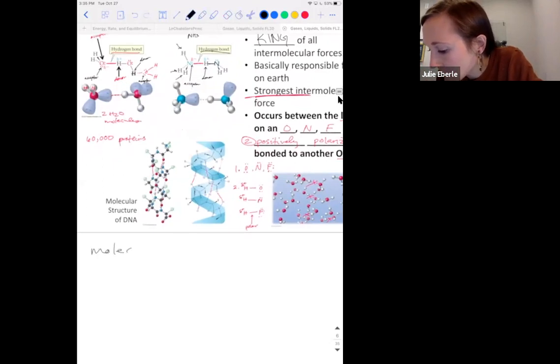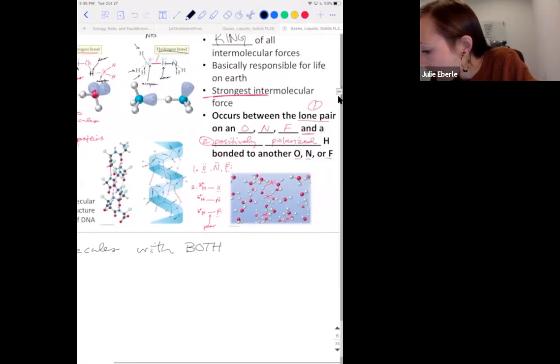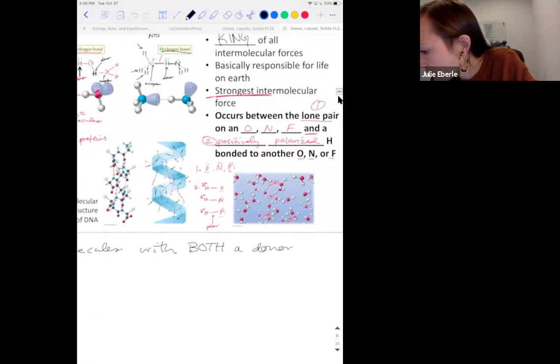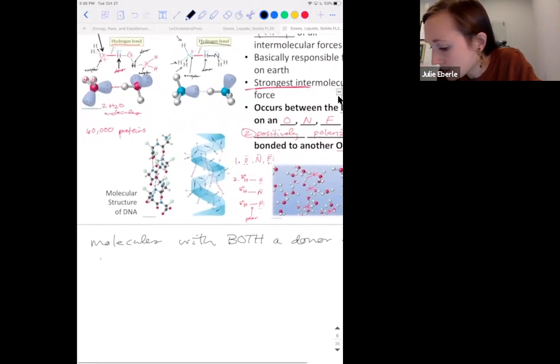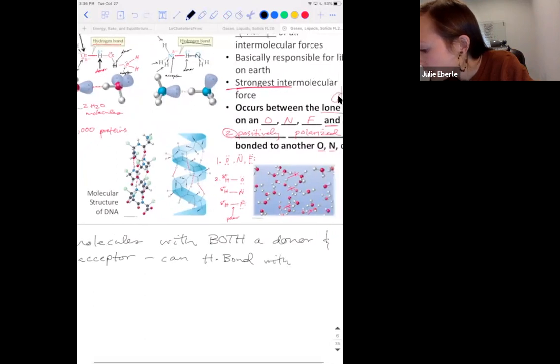Molecules with both a donor and an acceptor, they can hydrogen bond. I'll say H bond. They can hydrogen bond with themselves.